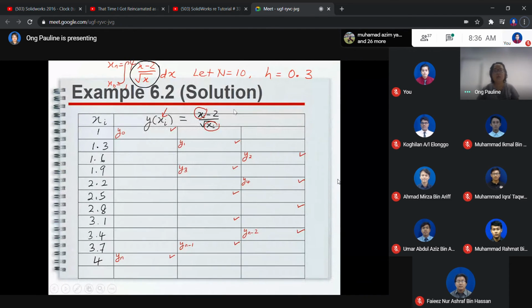Okay, so you try to formulate this equation into your calculator. And don't forget to put the bracket for the numerator. Kalau you tak letak bracket untuk numerical, calculator dia akan baca secara berlainan.